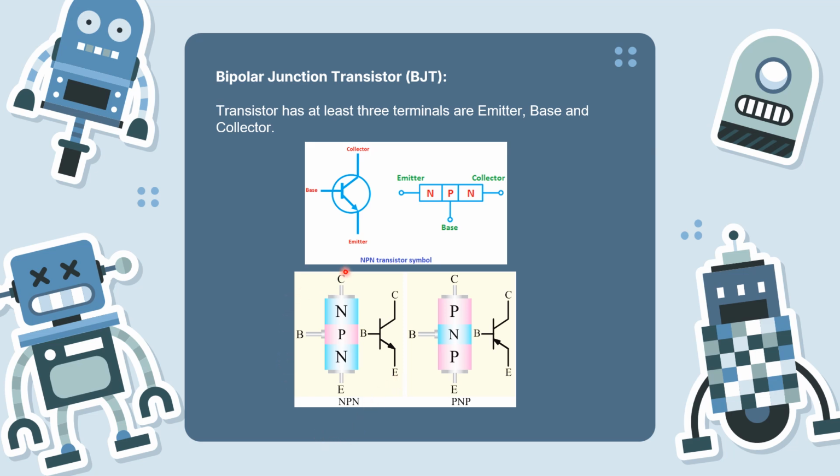And the NPN one is more useful. For example, in your kit, I think the part number is 2N2222. So it's a famous NPN transistor. There are thousands of different types of transistors. The part number, you can use it, and don't worry, we will use them in the future.